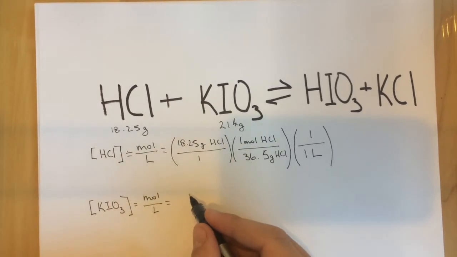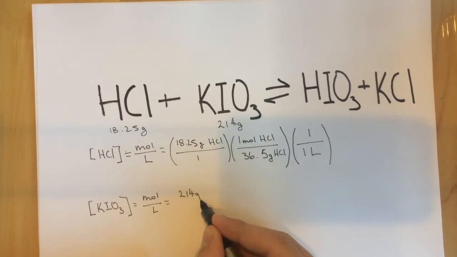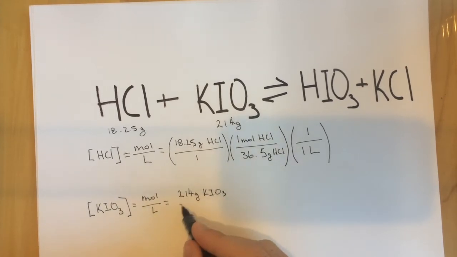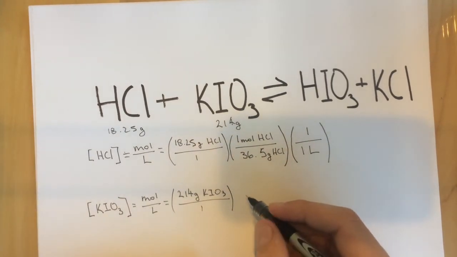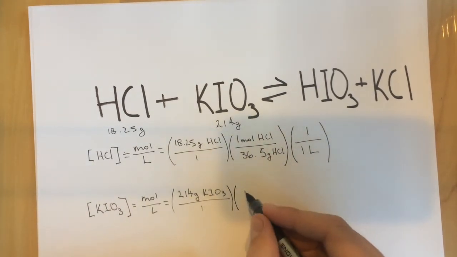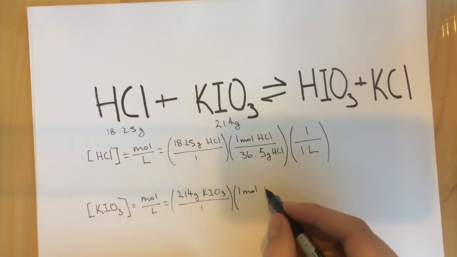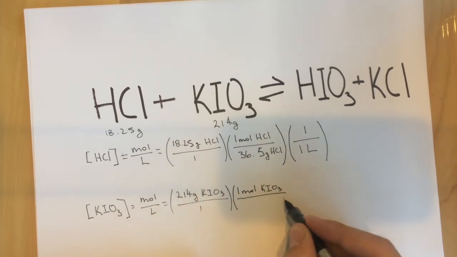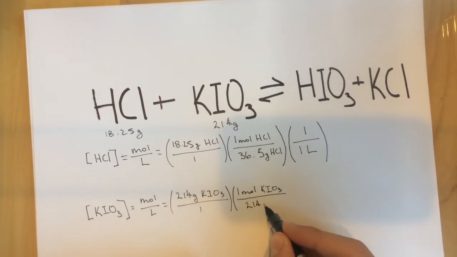So we have 214 grams of KIO3, and that is over 1, and 1 mole of KIO3 is actually, in fact, 214 grams of KIO3, which ends up working out very nicely, especially for our calculations.